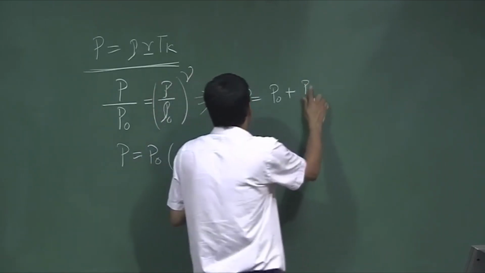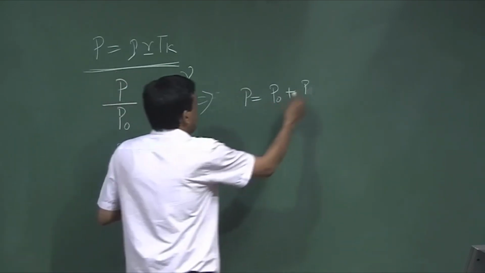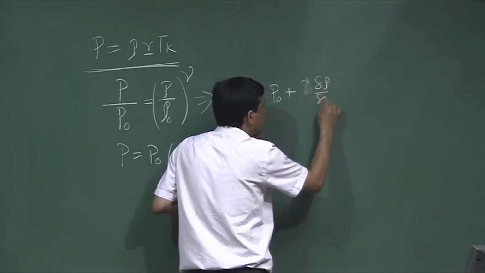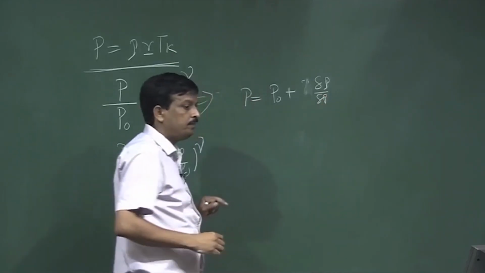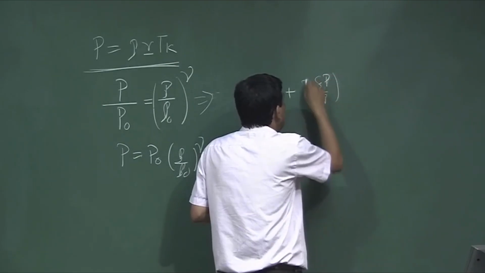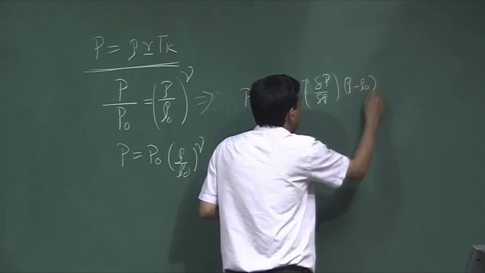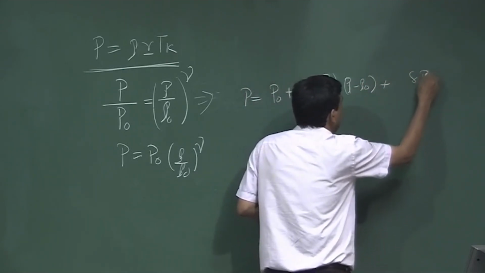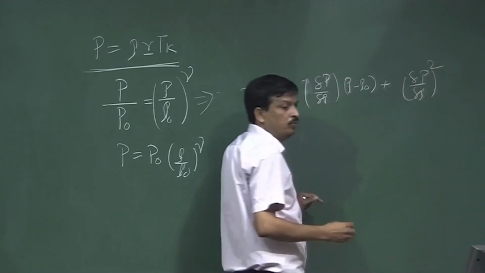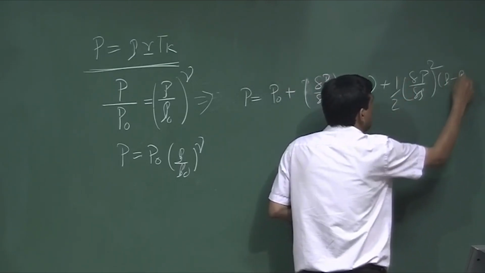P0 plus, so it will be P0 plus del rho by del P by del rho into rho minus rho 0, plus the second order term, del P by del rho square into half of this into rho minus rho 0 square.